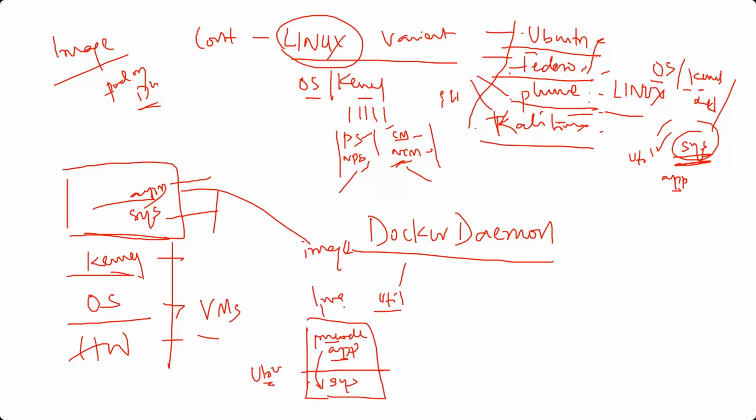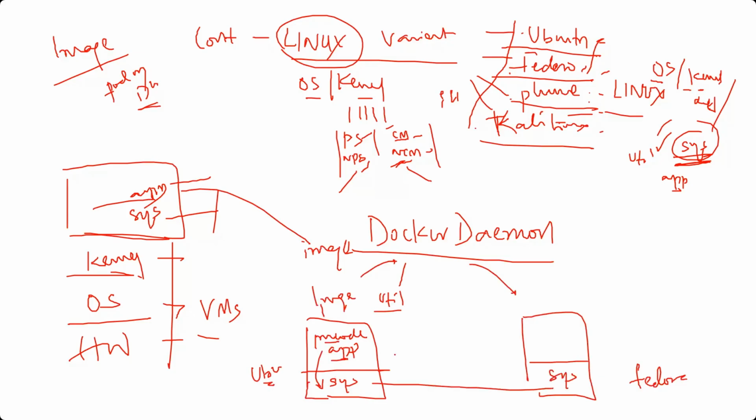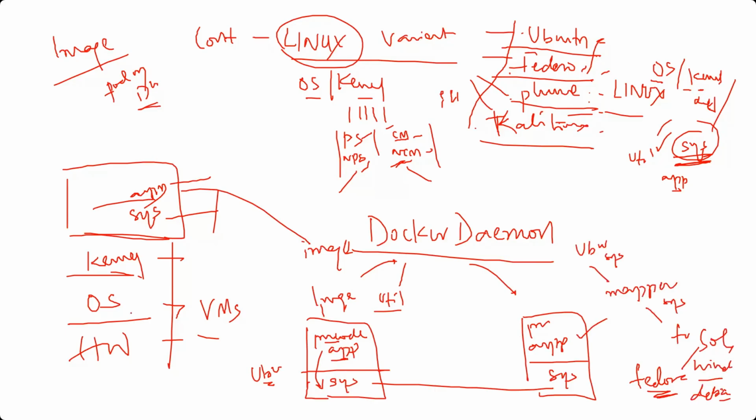Now when I create an image, when someone is trying to open this image in Fedora, I have the same system utility file, the same Python code and app, but the Docker daemon will create a mapper between the Ubuntu system utility and the Fedora system utility, and ensures that the app runs on Fedora as well.